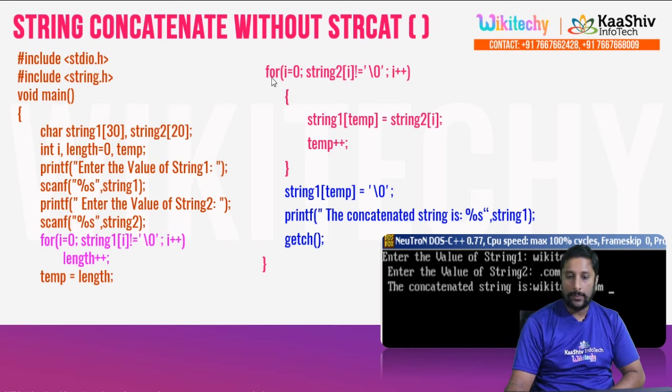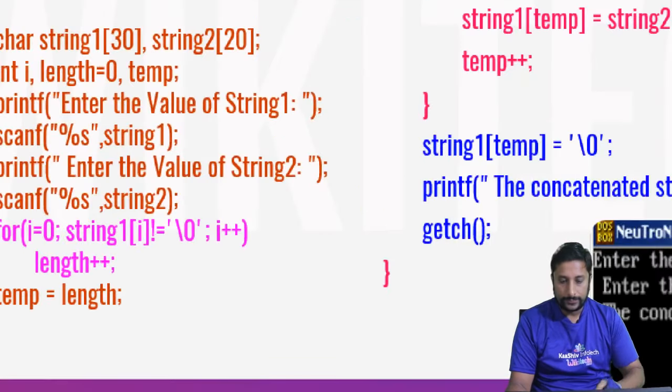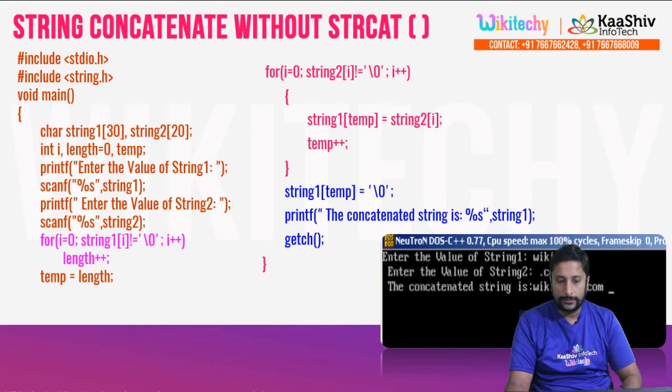Okay, now what I'm trying to do is string1[temp] equal to, because length plus plus. Considering I'm trying to manipulate it here, it's 1, 2, 3, 4, 5, 6, 7, 8, 9.